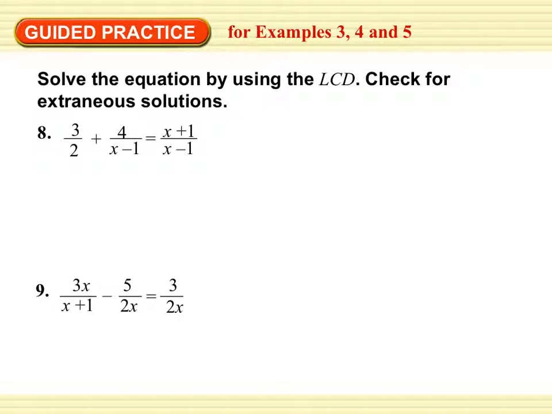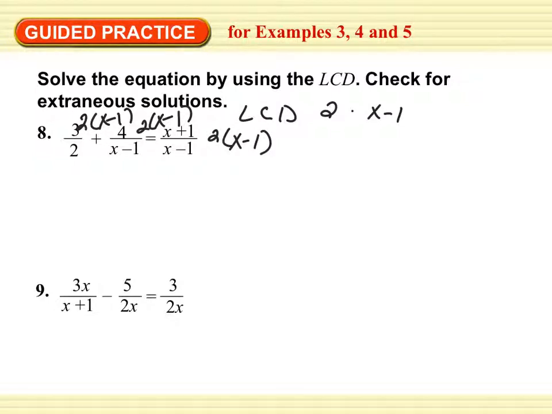Okay, here we might have some extraneous solutions or no solutions. My LCD is 2 times x minus 1. Usually I rewrite these, because I need more space. But I don't have enough space as it is, right? This first one has the 2's, so I have 3x minus 1. x minus 1's 2.